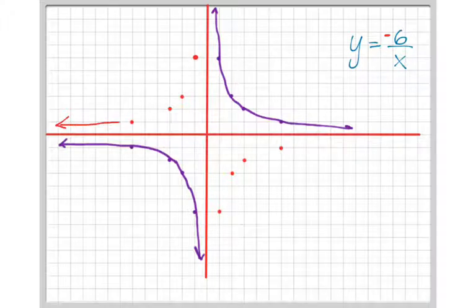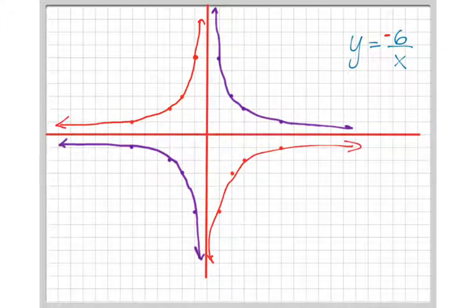Or (2, -3), (3, -2), (6, -1), and (1, -6). And so I get these branches instead if k is negative. Okay, I completely missed the points, but I think you get the point.